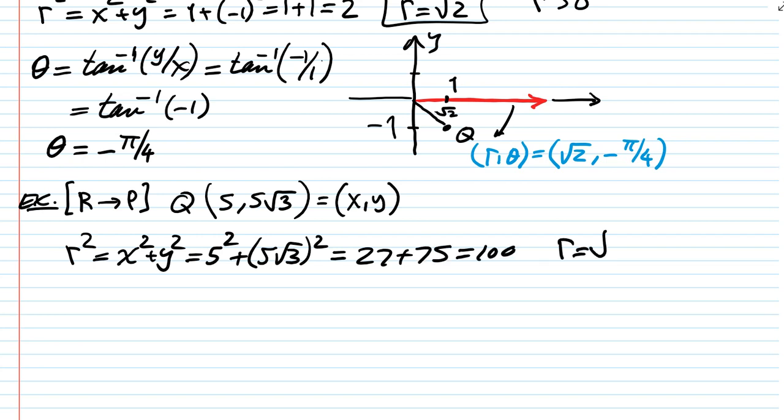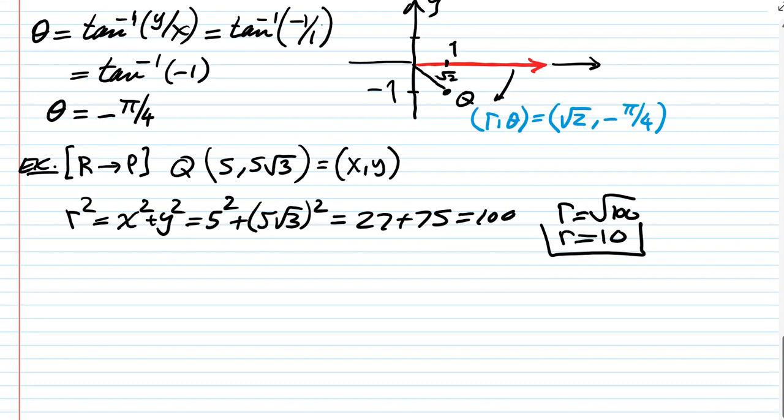r is going to be the square root of that, which is 10, positive root. And for theta, I need to plot the point, because before I do theta, I'm plotting the point in the Cartesian. Remember, if the point falls in the second or third quadrant, we've got to add pi to the answer we get from the arctangent.